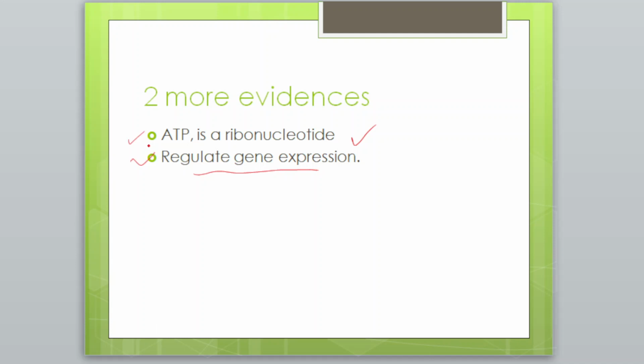So it would seem that the protein, DNA, and the cellular energy can be traced back to the RNA.